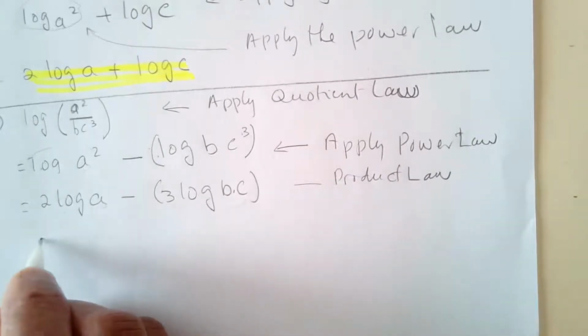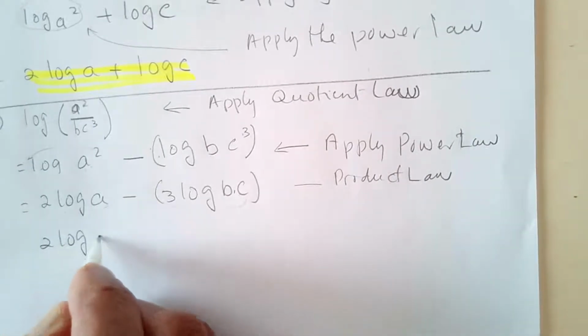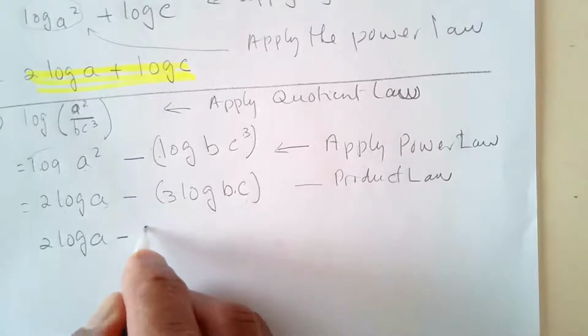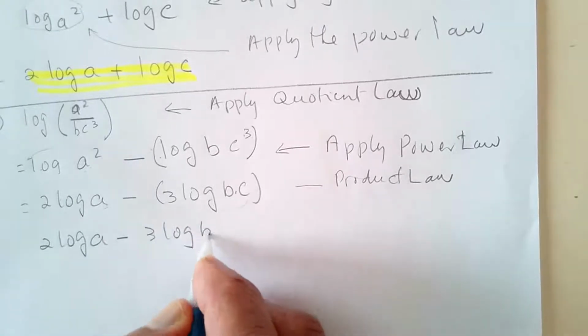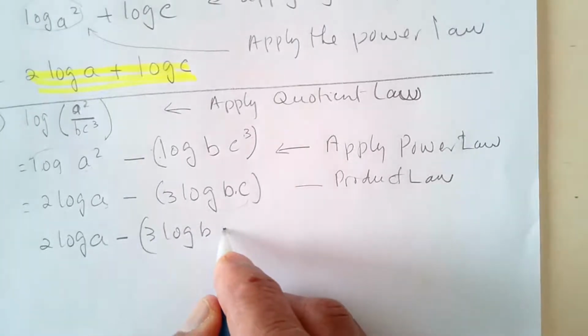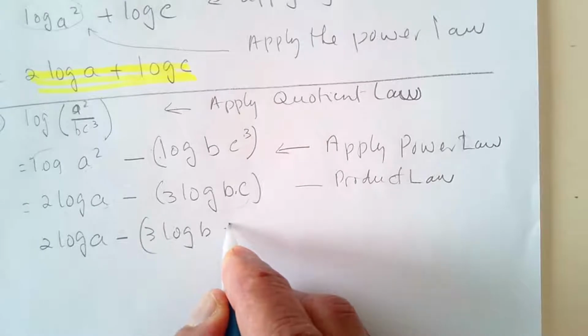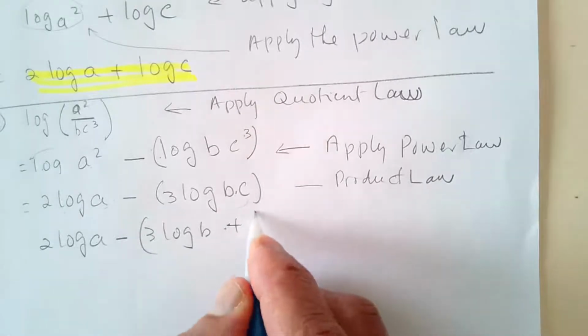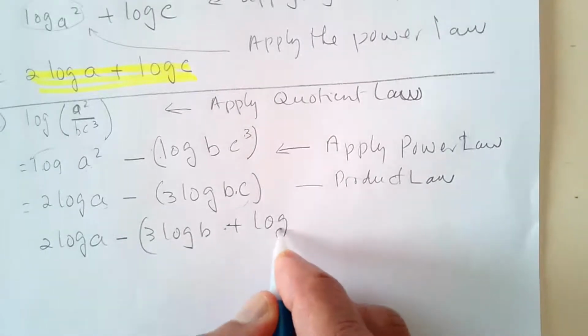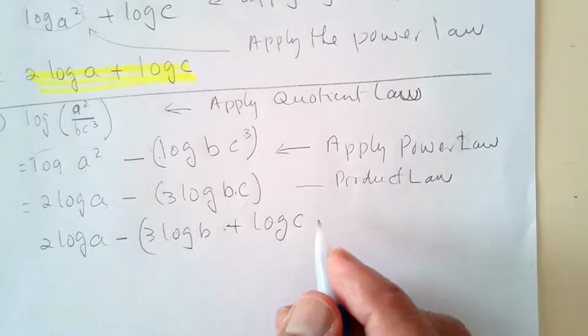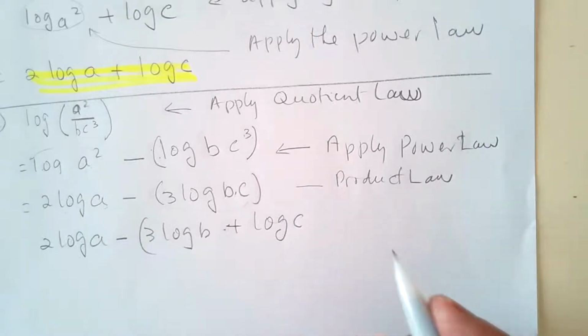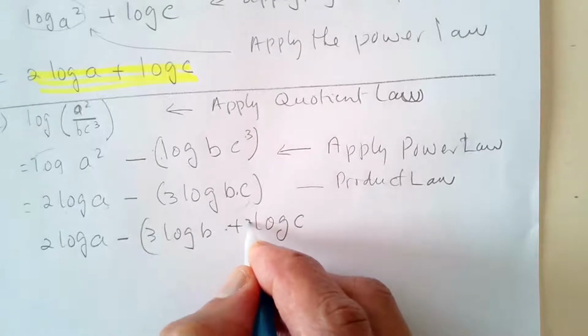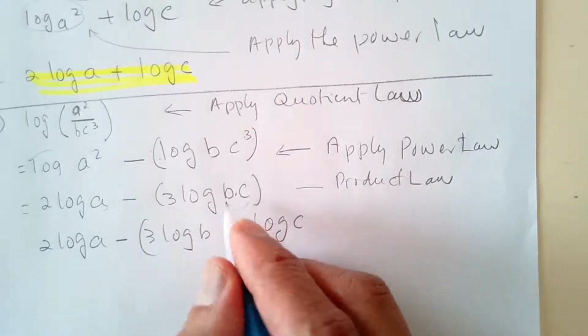So we have 2 log A minus 3 log B plus log C. Because this 3 applies to the whole.